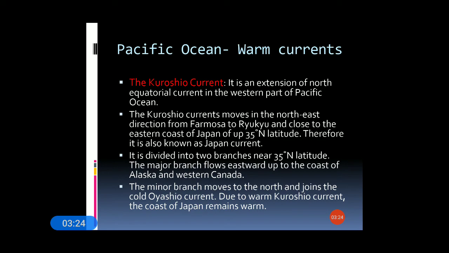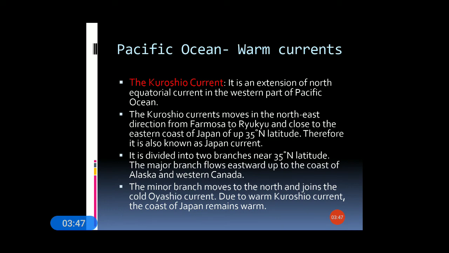There are more, but we'll be discussing the Kuroshio current of the Pacific Ocean that flows along the eastern margin of Asia. It is an extension of the North Equatorial Current in the west part of the Pacific Ocean.